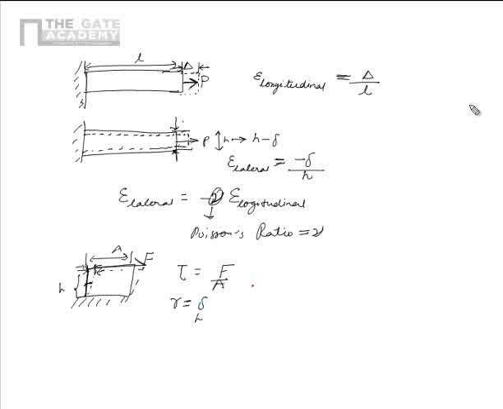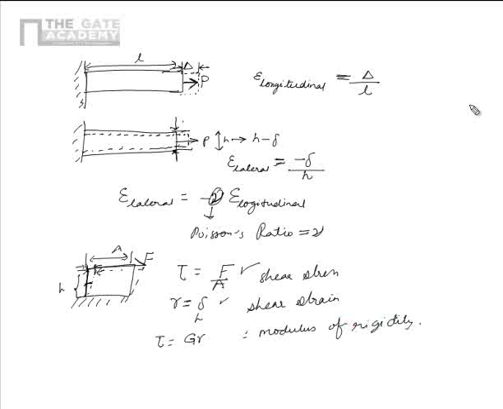Now like Young's modulus, there is another modulus which connects the two entities here: the shear stress and the shear strain. These two are connected by what is known as modulus of rigidity. G is modulus of rigidity. And there is a relationship between E, nu and G for elastic isotropic materials.